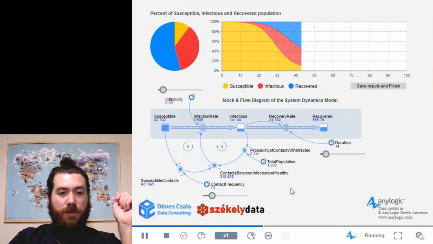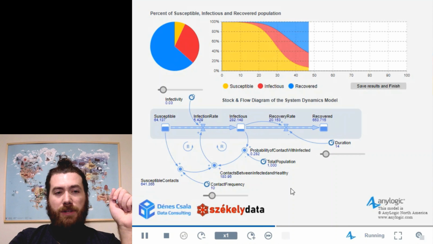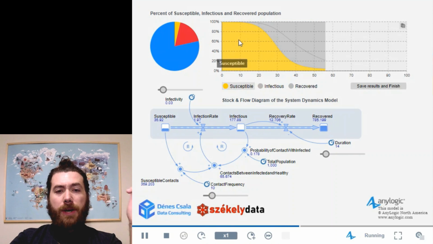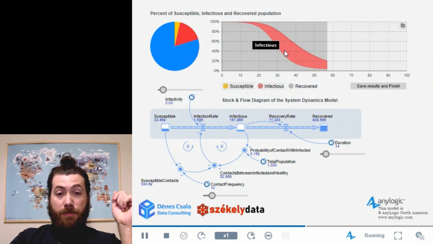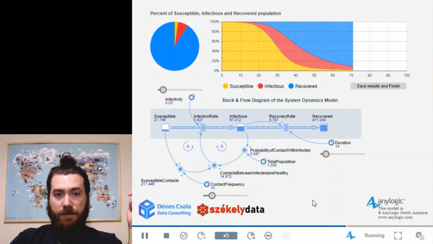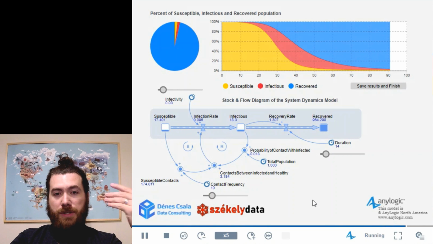So if I run this model, I've tweaked the parameters a little bit. I've increased the contact frequency a little bit, and kept the infectivity the same. So now on the graph, we will have 3 stocks, right? You can see that we have some susceptible people, then they will go into the infectious state, and then after a while, they will start flowing out of the infectious state into the recovered state.